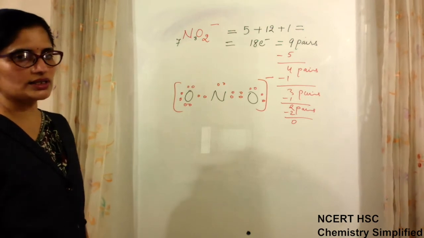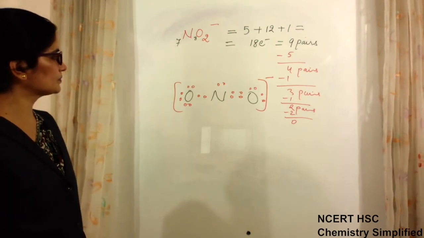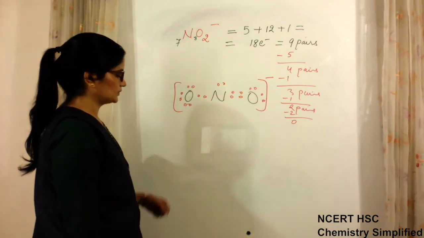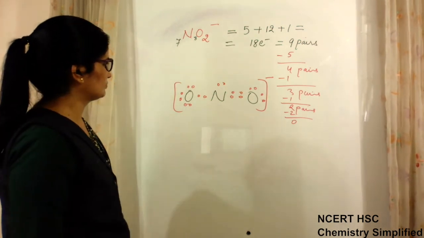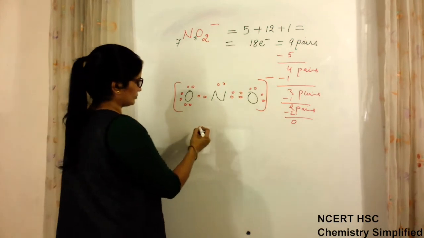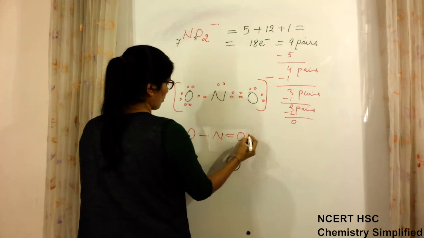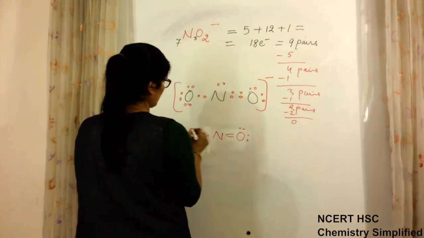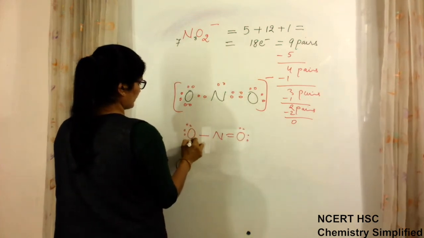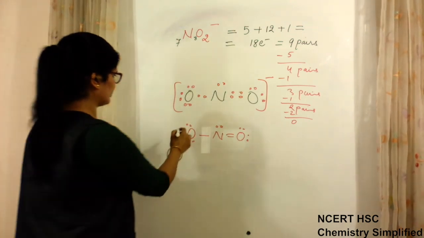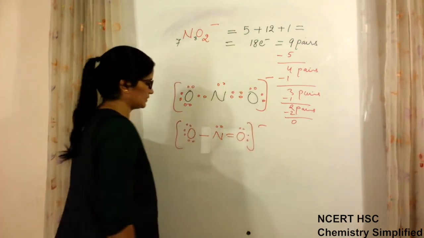So this is actually the structure for NO2 1 negative. This is nitrite. Now that means the structure is O single bond N double bond O, 1, 2, 3, 4 and 1, 2, 3, 4, 5 and 6. This is the actual structure. 1 negative. Clear?